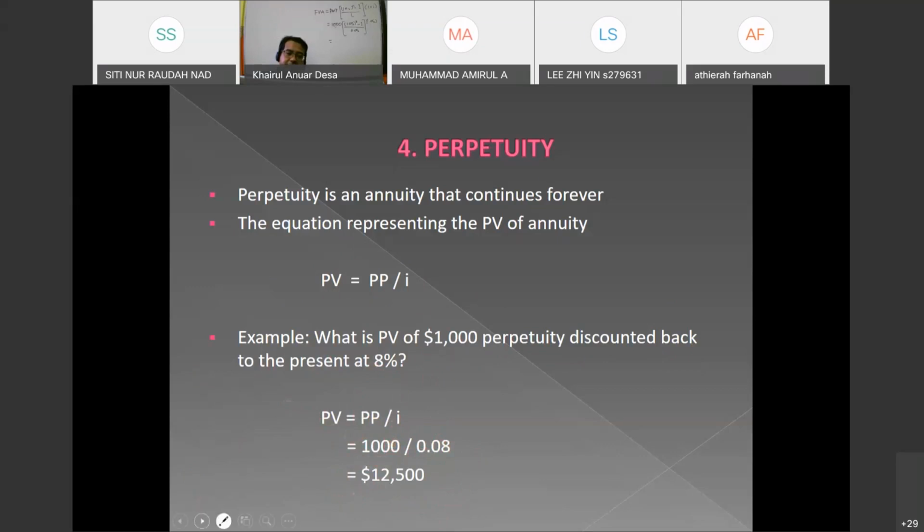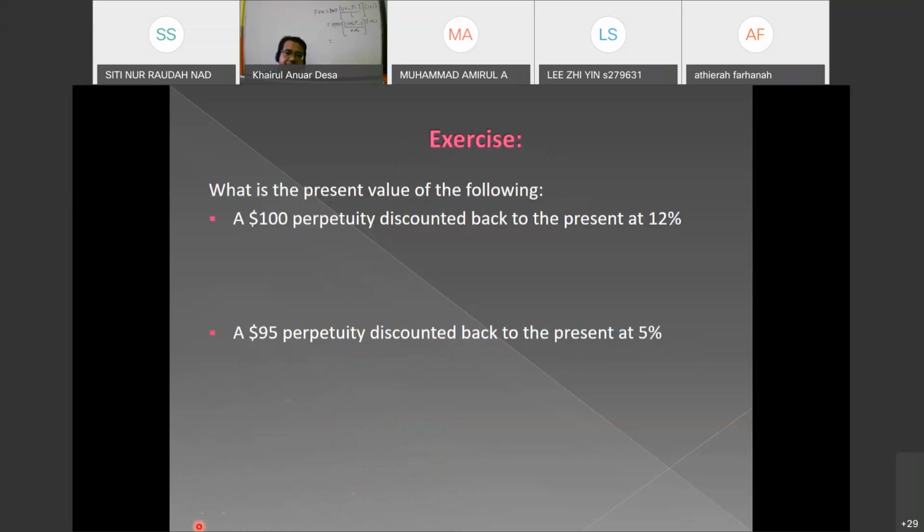Okay, ada soalan. Any question? Cuba buat contoh di sini. Saya tengok, mari kita tengok siapa yang paling cepat sekali reply. Alright? Senang ya, straightforward. And the second one?